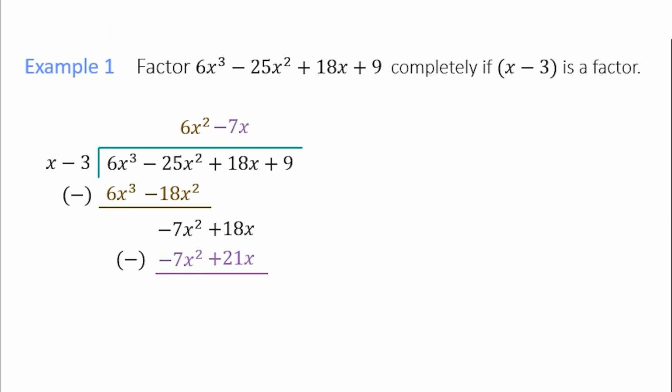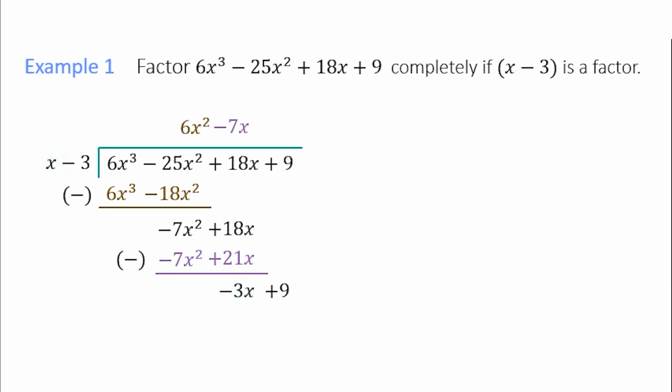So as the next bit, plus 18x minus 21x, which will be negative 3x. Again, I will copy my next term here next to what I've got, which is plus 9. So as a next step, I will divide negative 3x by x again.